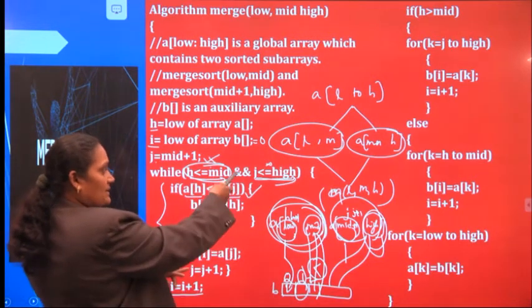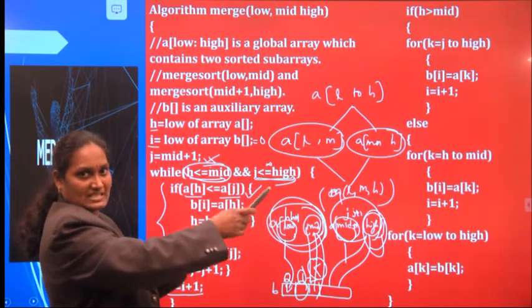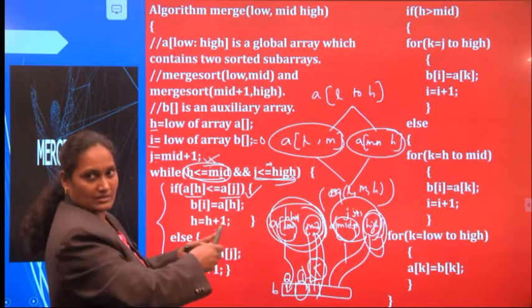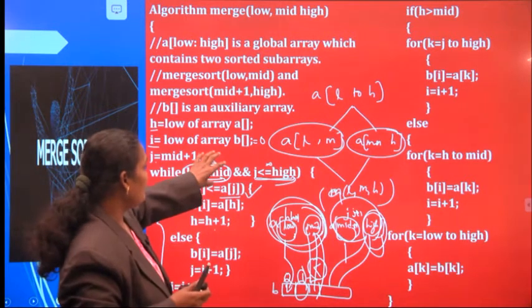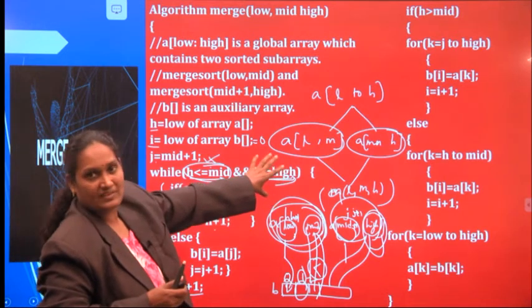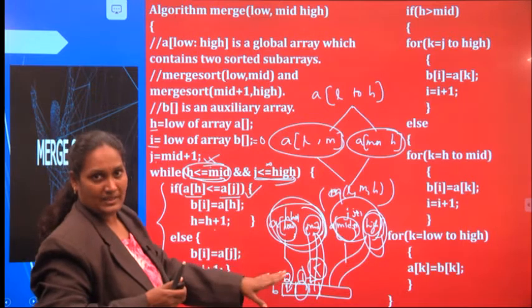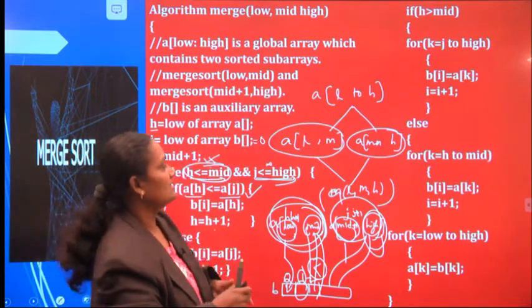That is, H may become greater than mid or J may become greater than high. So we are checking which condition fails. If this condition fails, some elements are present in this subarray, so those should be copied. That's why I am checking that condition there.